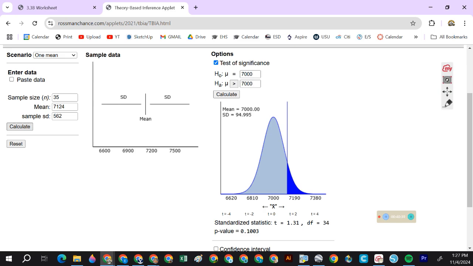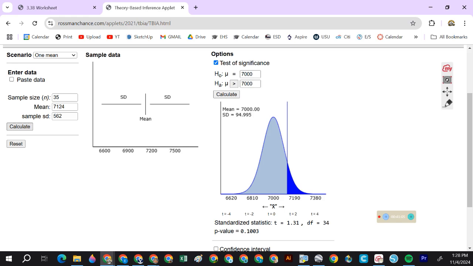Okay, so I get a t-score of 1.31, and it gives me a p-value of 10%. Okay, so will I reject the null or accept the null? I will accept the null. So what do I tell the woman? No. Do we think she's right?